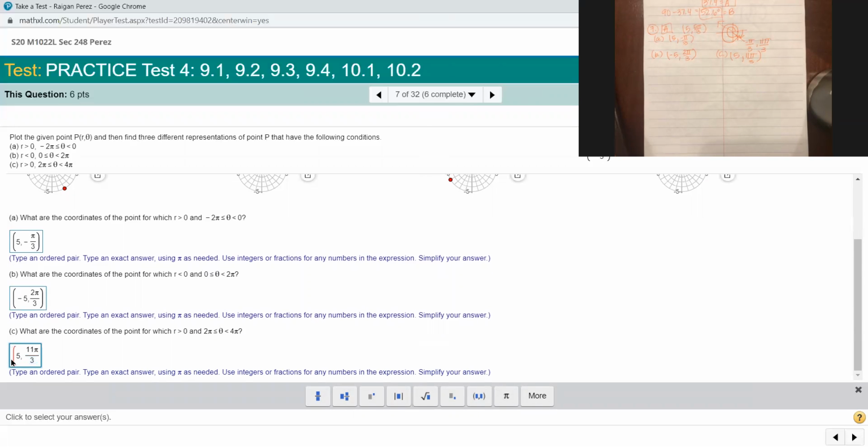And if you don't like counting like I did, you can literally just add 2 pi to the original one, which is 5 pi over 3. 5 plus 6 is 11. That makes sense.